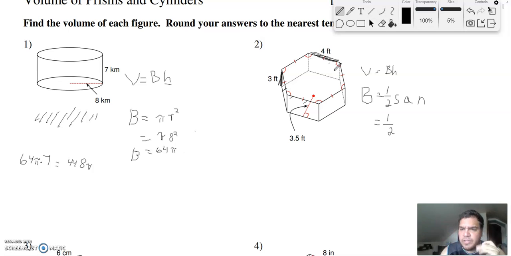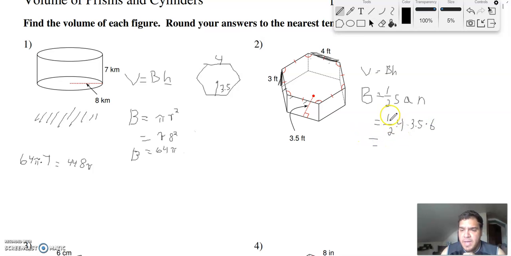Think of it as a 2D shape, and it might help to redraw the hexagon and say, well, I know this is 4, and on the bottom hexagon in the background, this is 3.5. So the side is 4, the apothem is 3.5, and n is the number of sides, which is 6 for a hexagon.